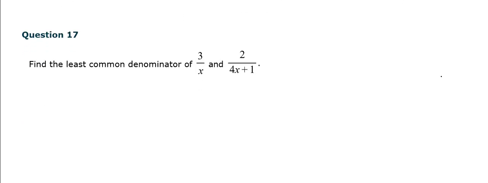The next problem, again, we're finding the least common denominator or least common multiple of 3 over x and 2 over 4x plus 1. So I'm going to put the 4x plus 1 in parentheses. And we don't look at the numerators at all because we're looking for the least common denominator. The numerators are not important at this point.